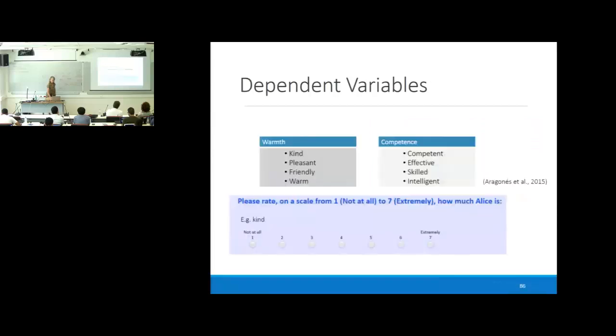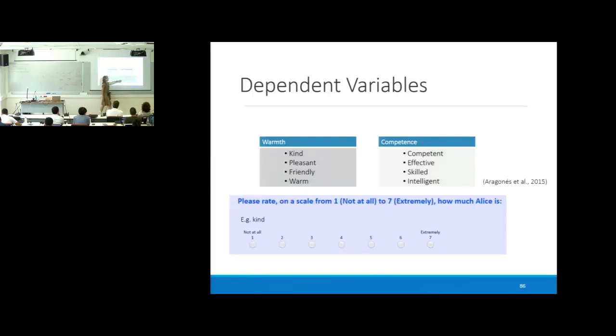Okay, so the other dependent variable that we use was the perception of warmth and competence of the agent. To measure it, we did it through vocabulary.